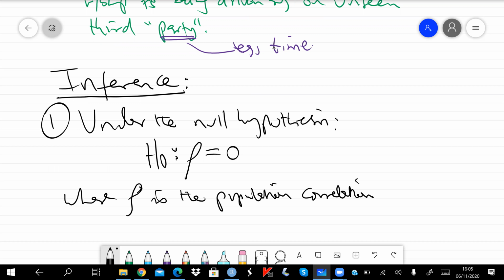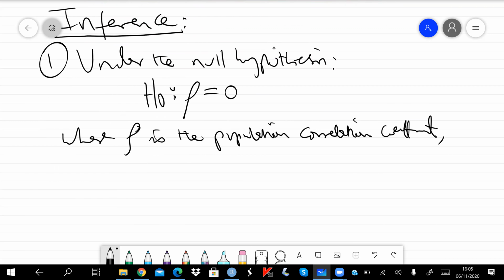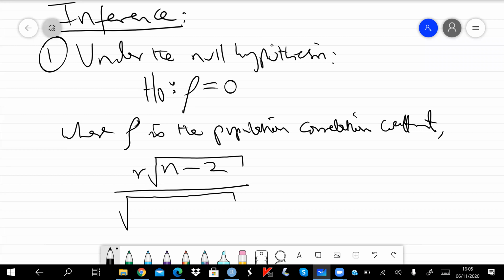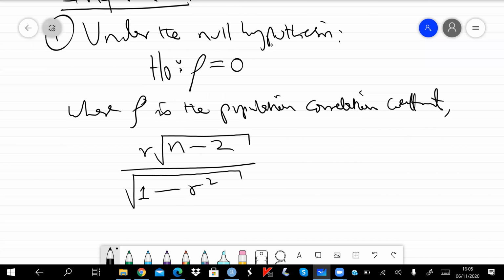We define the item R multiplied by the square root of n minus 2, divided by the square root of 1 minus R squared. As you can see, we're just using R and the sample size.